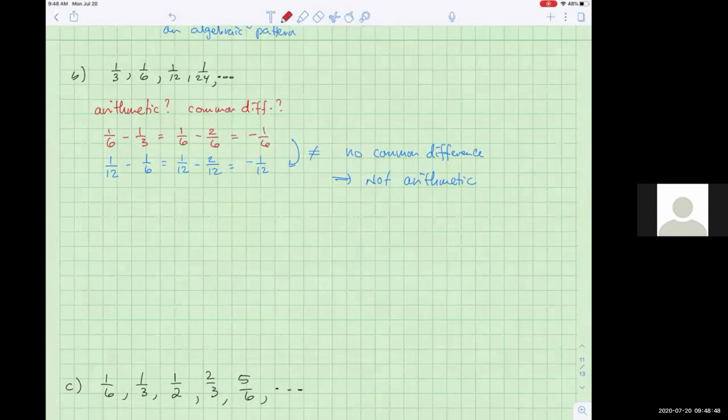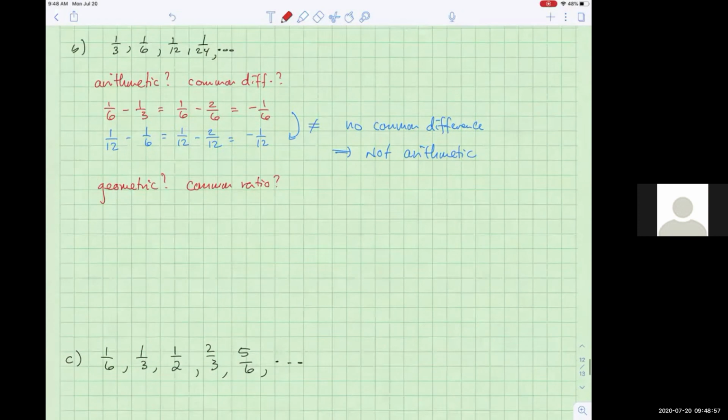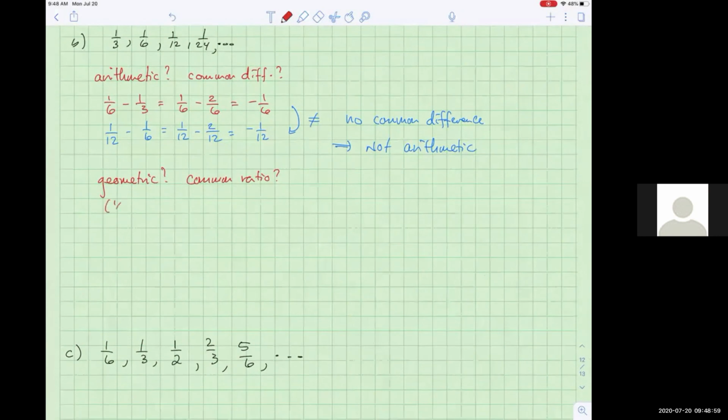All right. How about geometric? Is there a common ratio? Well, let's do 1/6. Always the latter divided by the former. 1/6 divided by 1/3 is equal to 1 over 6 times 3 over 1, which is 3 over 6, which is 1/2.